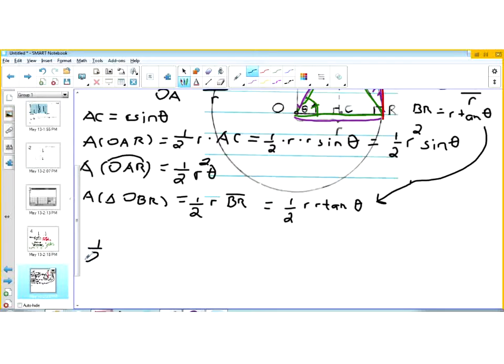So based on the illustration, we have 1/2 r squared sine theta, which is the area of the smaller triangle, is less than the area of the sector, which is 1/2 r squared theta, which is less than the area of the big triangle, which is 1/2 r squared tan theta.